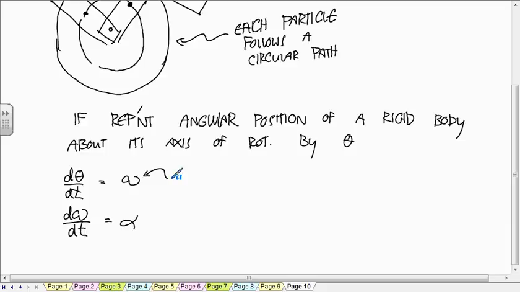So this is the angular velocity and the angular acceleration.